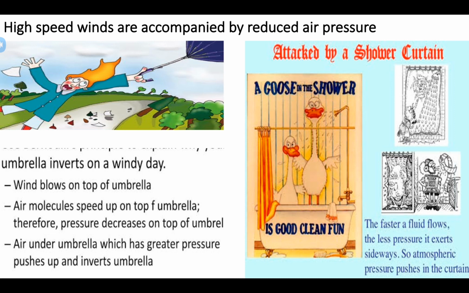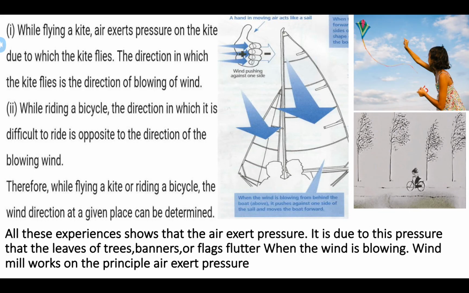So always high speed winds are accompanied by less pressure. That less pressure exerts sideways. At the same time the atmospheric pressure pushes the curtain in. So when high speed winds are blowing, the curtains always move inside. So this is one more application of high speed winds accompanied by low pressure.